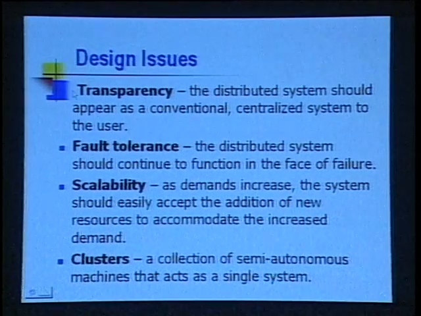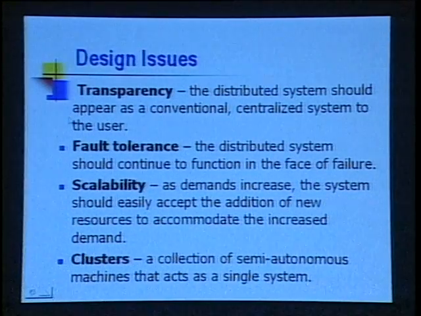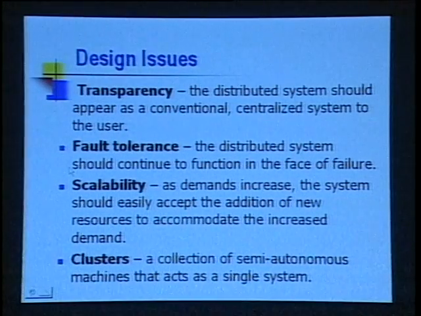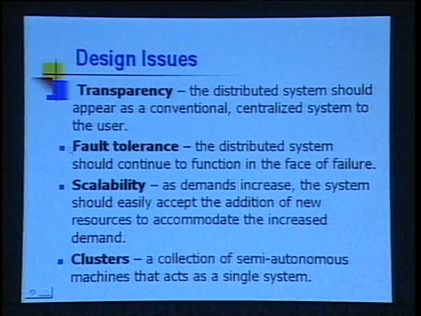Transparency means that the distributed system should appear as a conventional centralized system to the user. The fault tolerance capability of a network provides that the distributed system should continue to function in the face of failure. If a link fails or if a site fails, the system continues to function as usual.